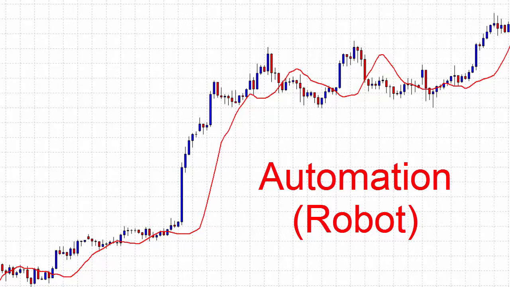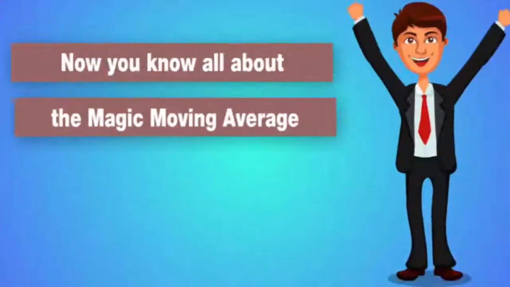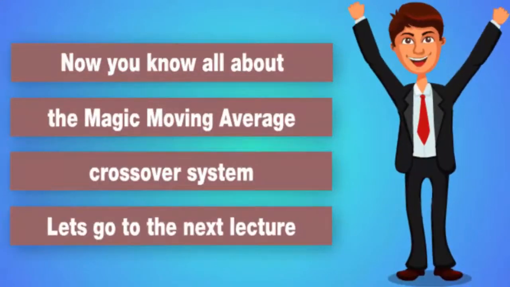In other words, find out which ones have worked best in the past, and that will guide us into what works best in the future. What's more, by automating a trading technique such as this, you can actually see the impact of using filters like following stops, targets, time of day, day of the week, etc. very quickly. So now that you know all about the magic moving average crossover system, let's move on to the next lecture.